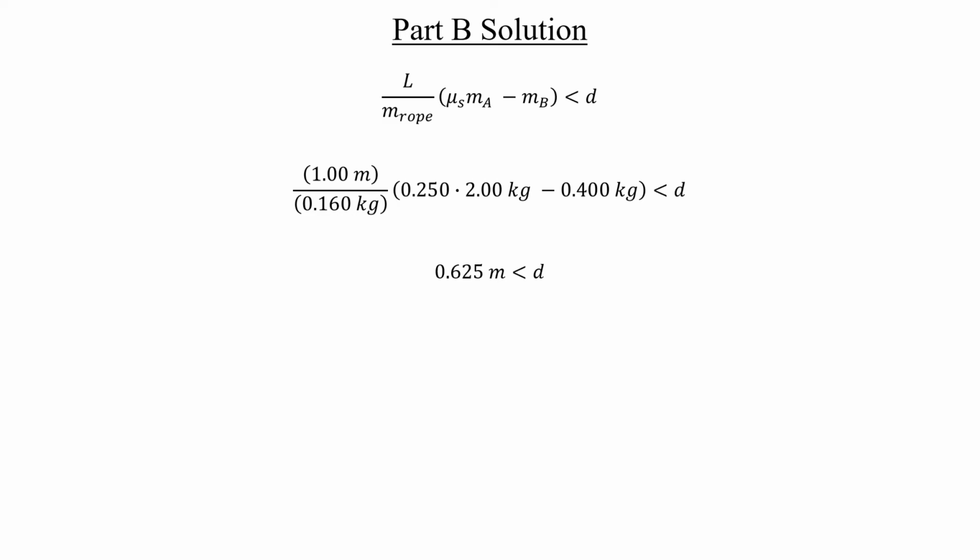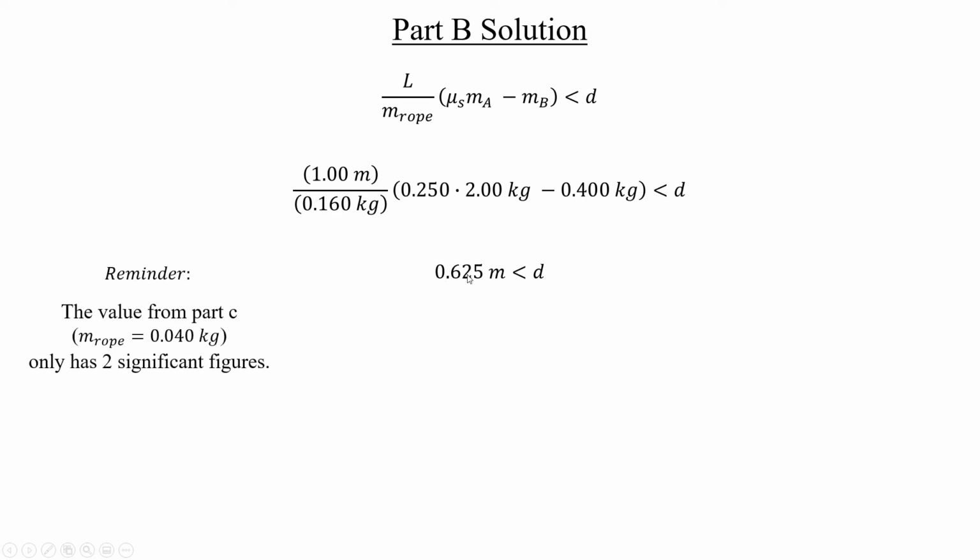Well, there's one problem here. We need to answer this to the proper number of significant figures. We can't use 3, and here's a reminder why. We had a single quantity with only 2 significant figures hidden in part C. And remember, we have to report our answer to the smallest number of significant figures in the problem description, no matter what part they're hanging out in.